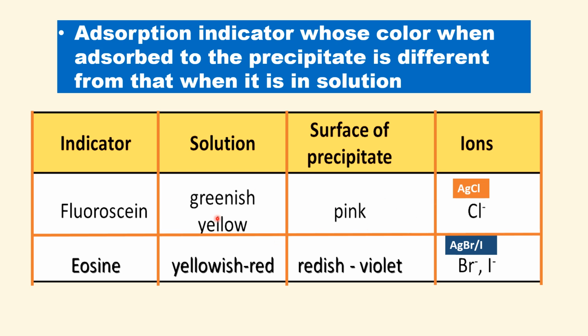Before the end point, it is a greenish yellow fluorescent solution. Once it gets adsorbed at the end point, it changes to a pink color precipitate. Similarly, eosin before the end point is yellowish red. After adsorption on the precipitate, the color changes to reddish violet.